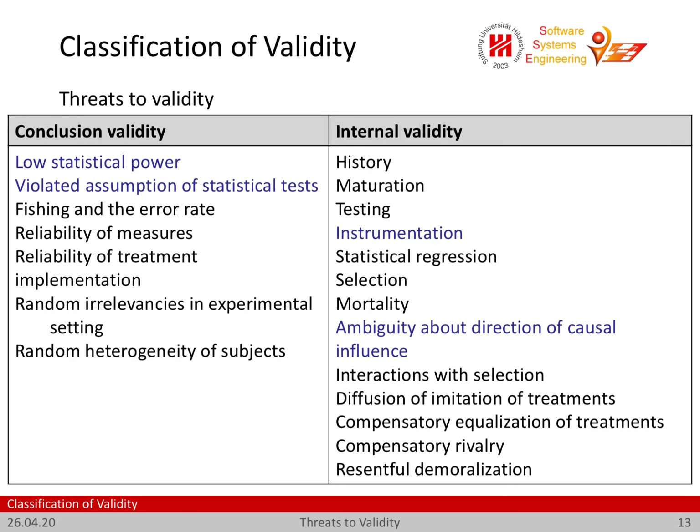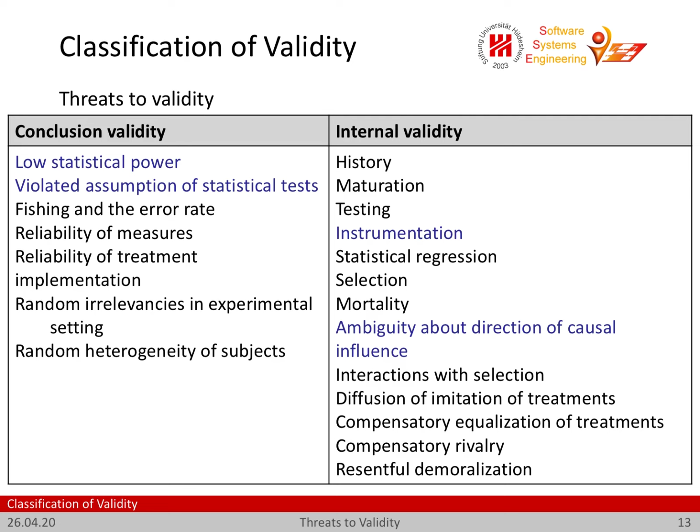There are many different threats to validity, and they are well beyond what we can discuss in this very short summarizing chapter. For example, for conclusion validity, there is low statistical power, there may be violated assumptions of statistical tests, there's fishing, sometimes also called p-hacking. There may be problems with the reliability of the measures, with the implementation of the experiment, and so on.